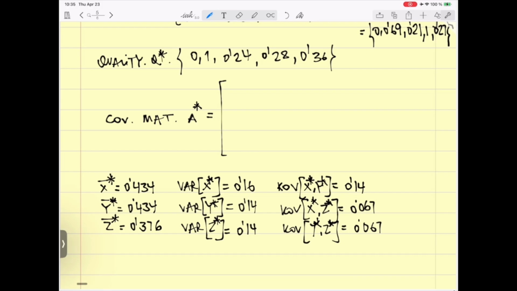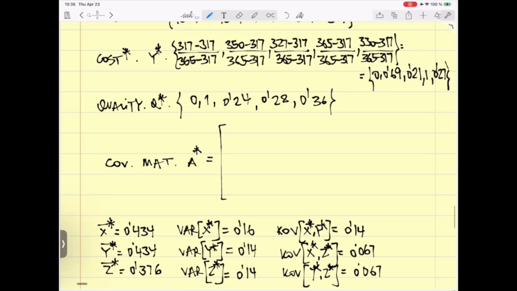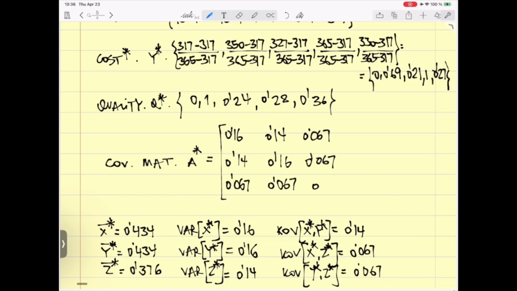So if we plug in this data, here we get 0.16, 0.14, 0.14, 0.16. Wait, no, this is wrong. This is 0.16. Then 0.067, 0.067, 0.067, 0.067, and then 0.14.